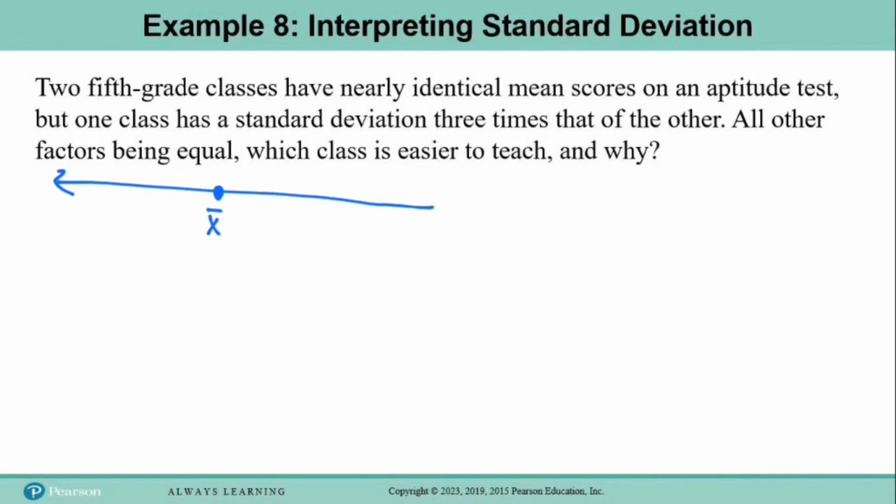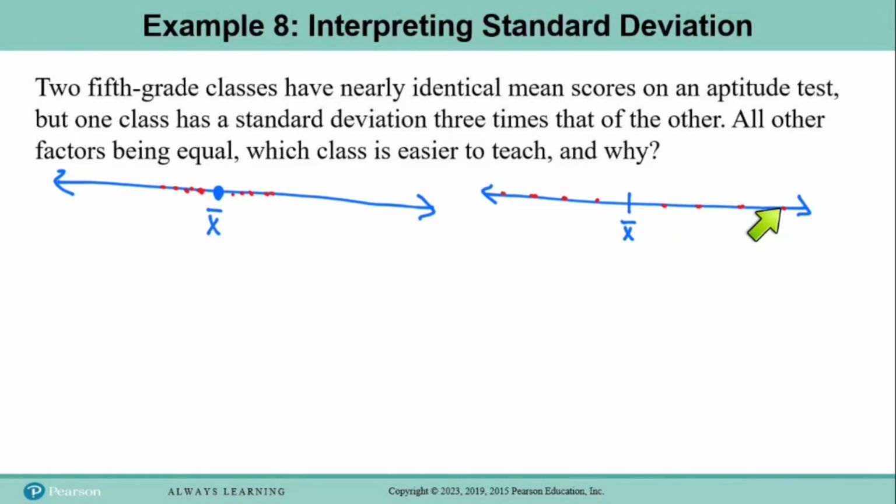Okay, let's kind of picture what this might look like. If we take a number line and put the mean score on it, the class that has a smaller standard deviation is going to have scores that are congregated more closely around the mean. But the class that has a bigger standard deviation has the same mean, but the scores are just more spread out.